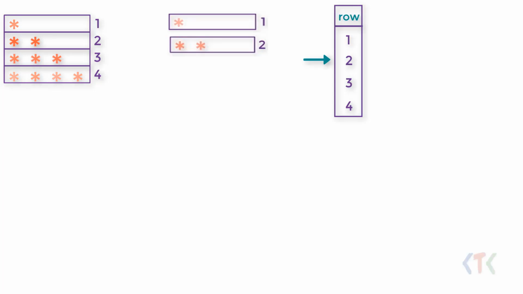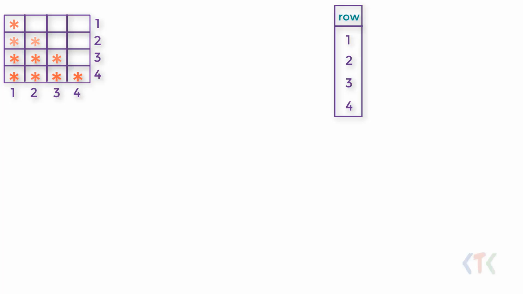For that we have to divide this into rows and columns, like a matrix. So here we have column 1, column 2, column 3, and column 4. Now we have 2 loops. The outer loop is for the row and the inner loop is for the column.